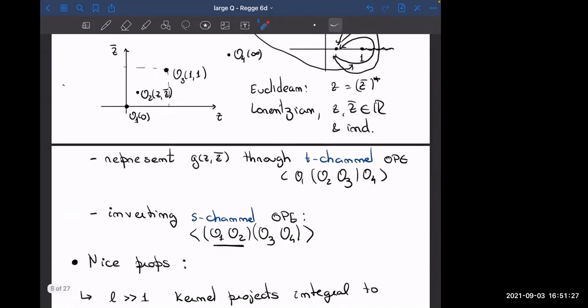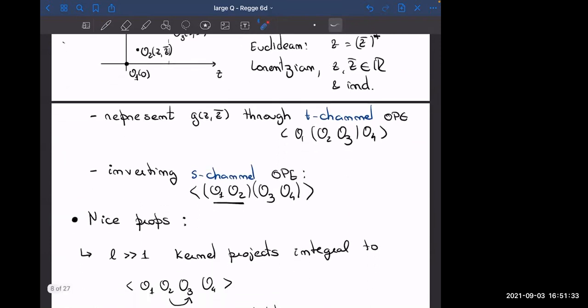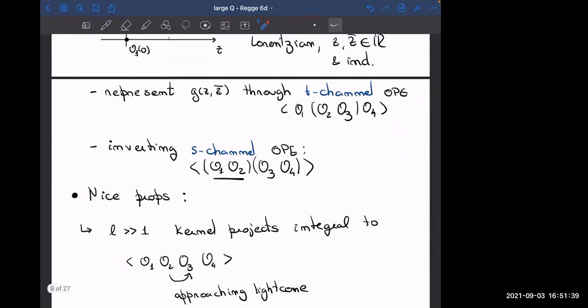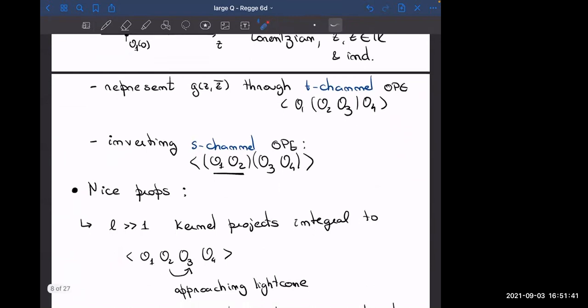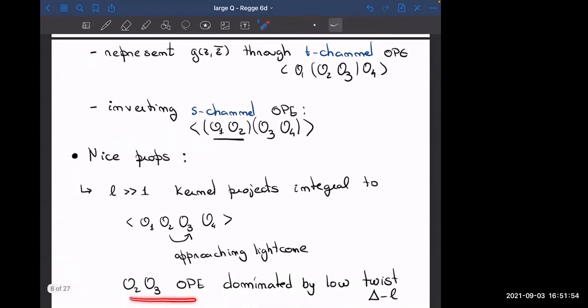And then, as I was saying, this double discontinuity and this inversion kernel more generally has some nice properties. One nice property is that if you take the spin very large, the kernel actually projects the integral to a limit where this operator is approaching the light cone of number 3. So it's the T channel that's dominating, and moreover, these two operators are approaching each other's light cone. And we know that in this case, the OPE is actually dominated by low twist exchanges.